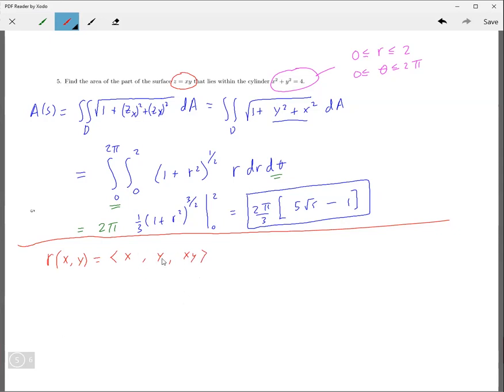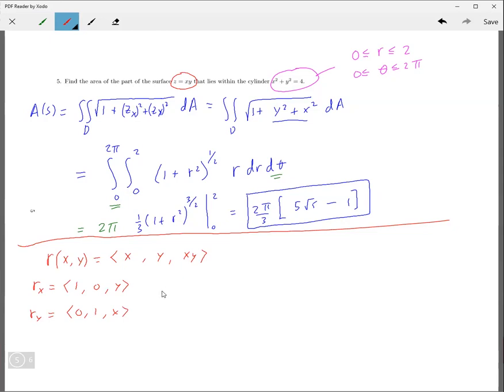So basically x takes the place of u and y takes the role of v. That's parameterizing this surface. Then the partial with respect to x is 1, 0, y. And then the partial with respect to y is 0, 1, x.